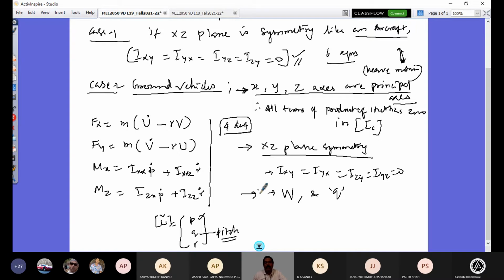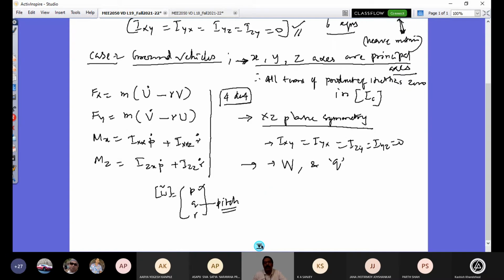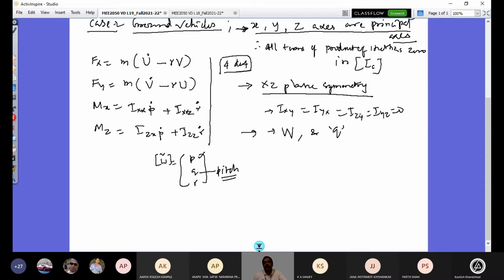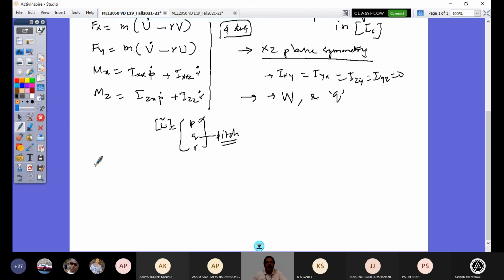So what are those? That's case 3 now. For case 3, lateral dynamics of a ground vehicle, I'll consider this principle.